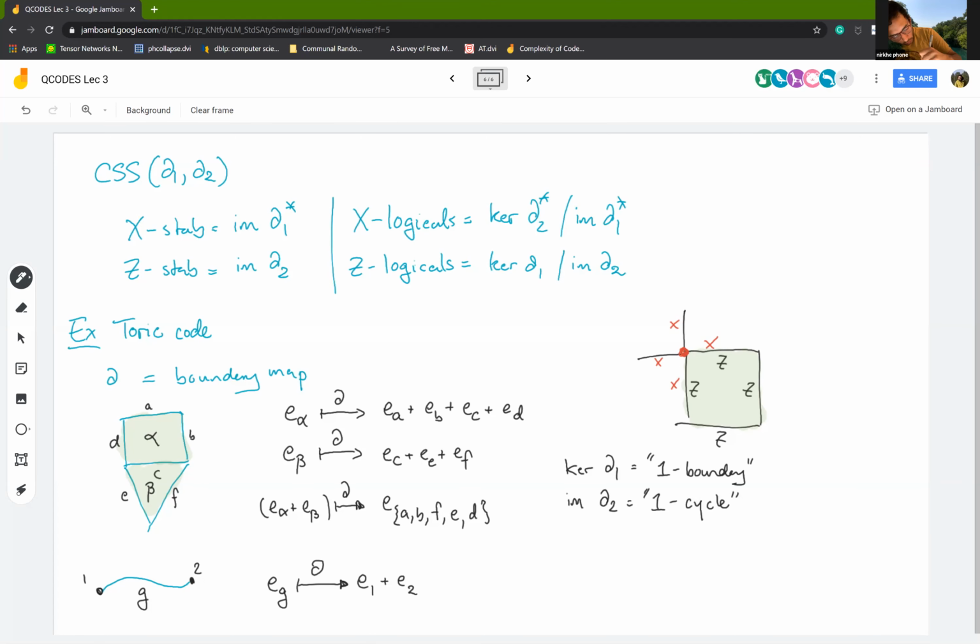And the kernel of... wait, is that flipped around? Because you'd think the kernel of a boundary map should be a cycle, right? Because things that have zero boundary are cycles. Or am I confused?